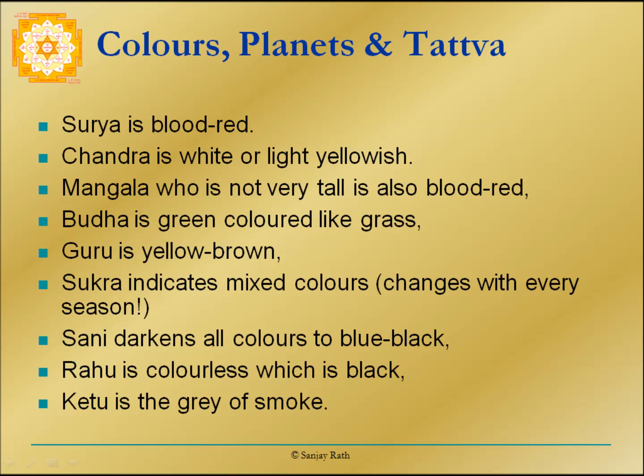So now we come to the air, Vayu. Vayu has Shani and Rahu. So Vayu is controlled by Shani and it is controlled by Rahu. Shani produces the wind. Rahu is the one which causes it to move.